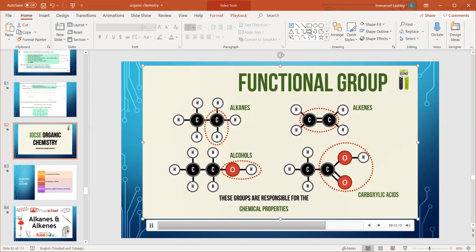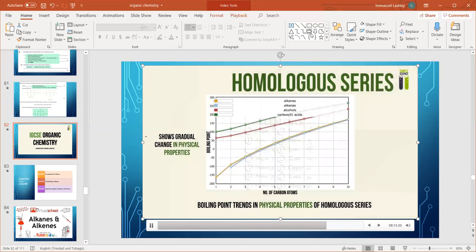Okay, so as a result, they are responsible for the chemical properties which make each homologous series different from each other. When I talk about them showing a gradual change in physical properties, or similar physical properties, but depending on the number of carbon atoms in the chain, what I mean is that the physical properties of the members of the homologous series will depend on the number of carbon atoms within the chain.